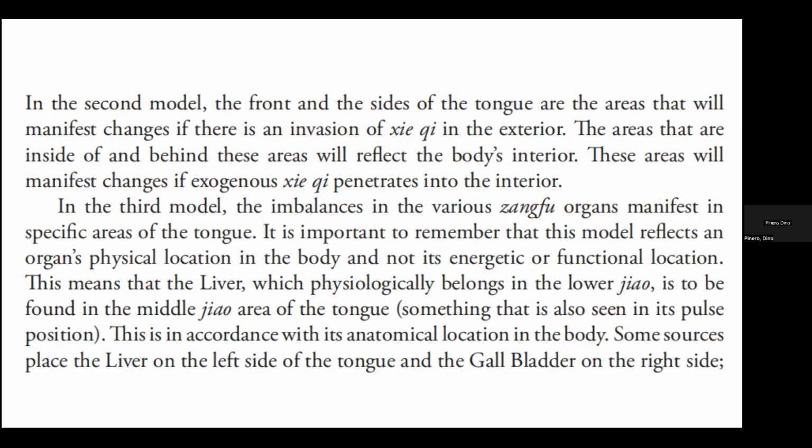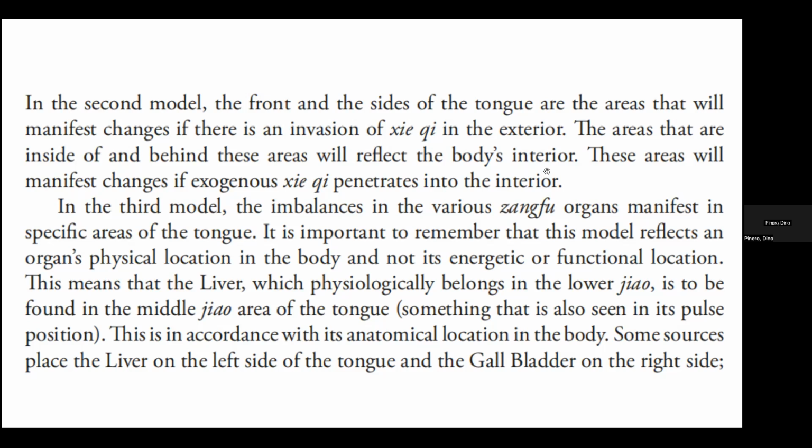In the second model, the front and the sides of the tongue are the areas that will manifest changes if there is an invasion of the evil chi in the exterior. So, habang exterior pa po yung invasion, front and sides po yung pwedeng magkaroon ng changes. The areas that are inside of and behind these areas will reflect the body's interior.